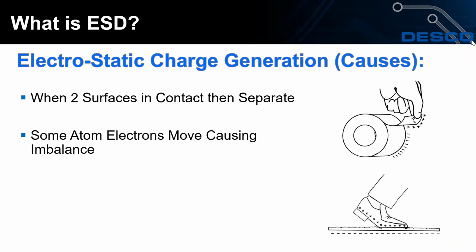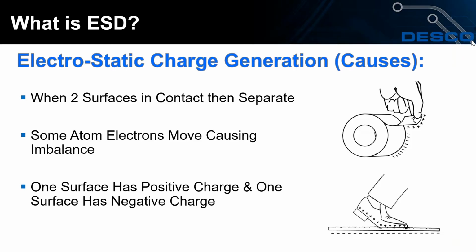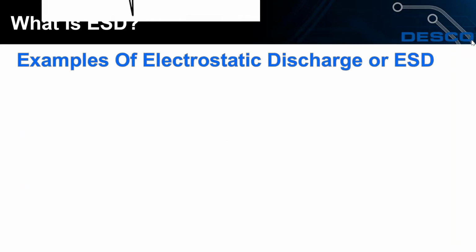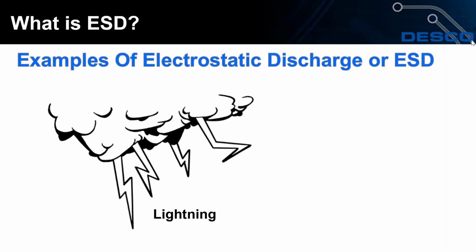One of the surfaces gets charged positive, and the other surface stays behind and charges up negative. Both charges, by the way, can be damaging, but positive charges are actually more damaging, and I'll be explaining that in a minute. So again, one surface is always going to be positive, and the opposite surface is always going to be negative.